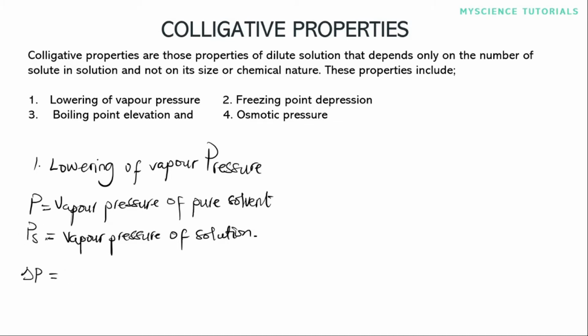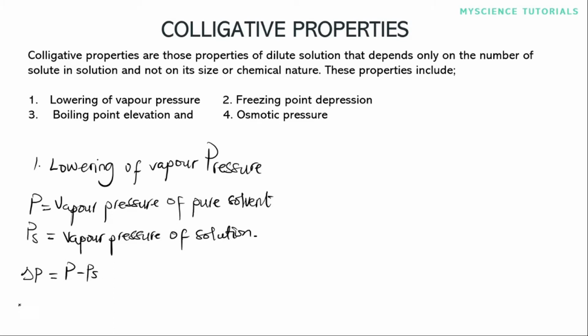The vapor pressure of the solution will be less than the vapor pressure of the solvent because we are having the vapor pressure being lowered. So we have P minus PS as the vapor pressure lowering or the vapor pressure depression.